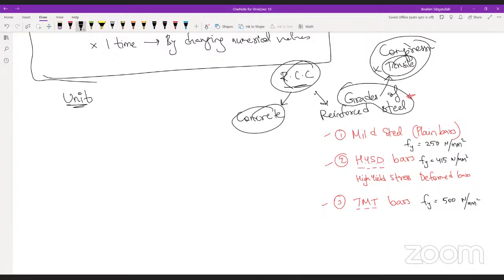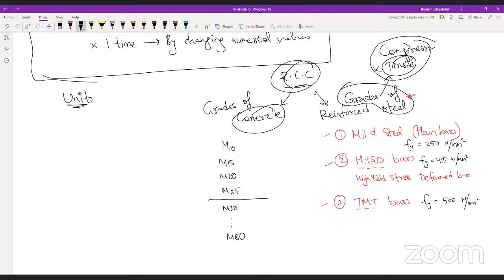We call it grades of concrete. We have grades of concrete starting from M10, M15, M20, M25, M30 up to M80.